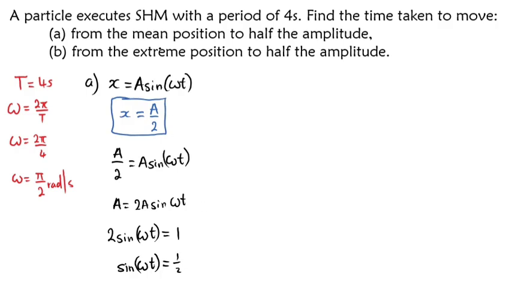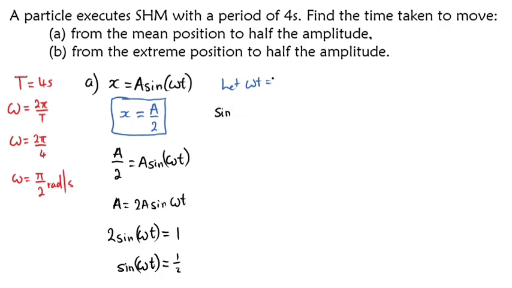Now I'll make an assumption. Let omega t be equal to phi. So I want to replace that omega t with phi. Or not phi, because phi represents the phase shift, let me use theta instead.